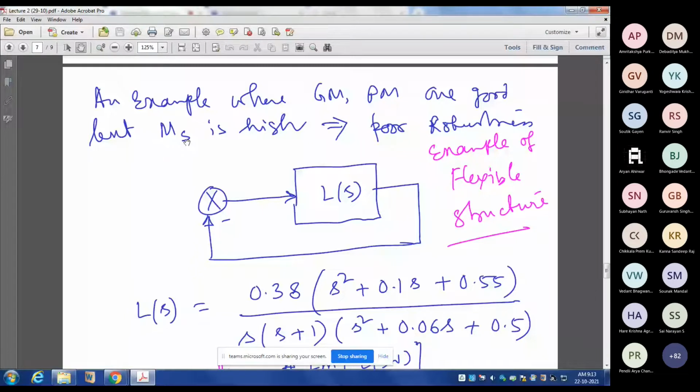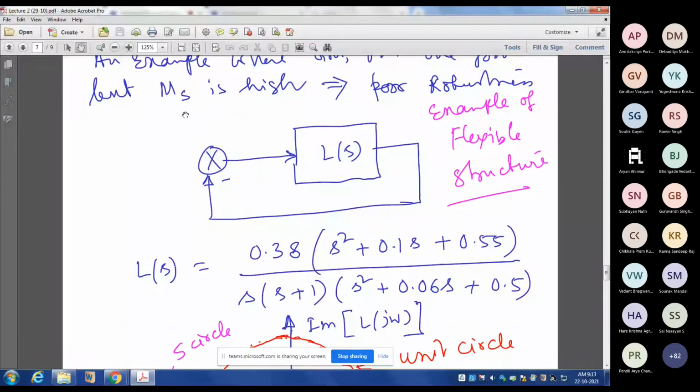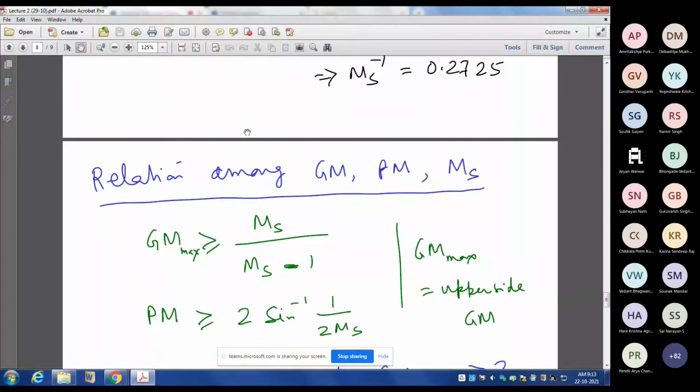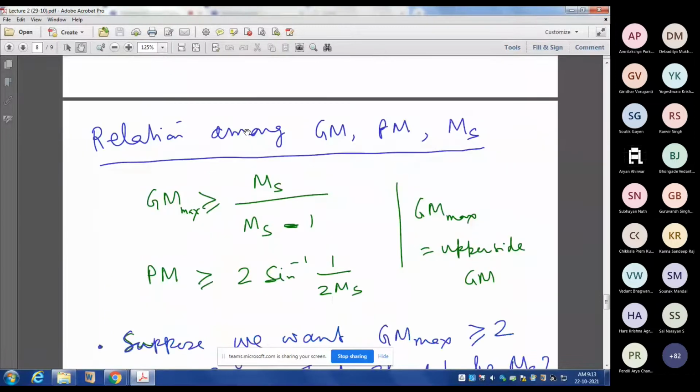That means a small peak in the sensitivity plot will also guarantee good gain margin and phase margin. That we'll see, that is, the relation among gain margin, phase margin, and MS. So this is the relation. We will derive it soon, but for the time being, I am just writing it.